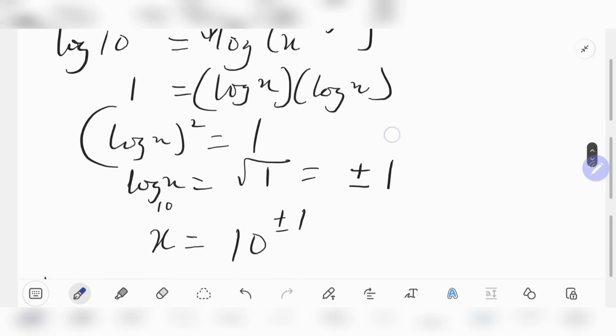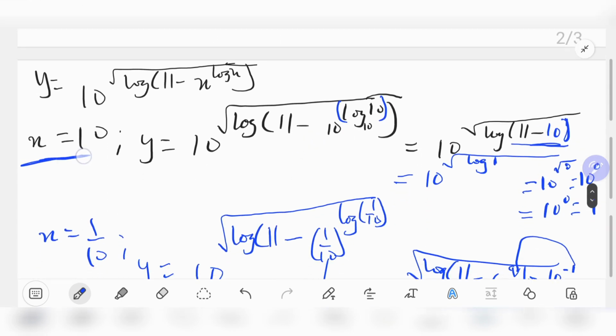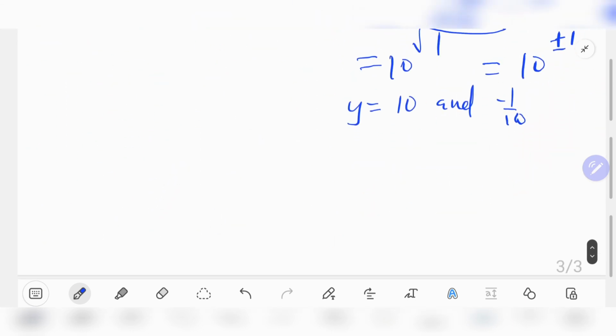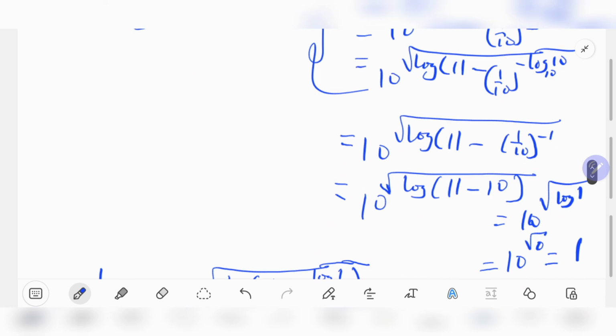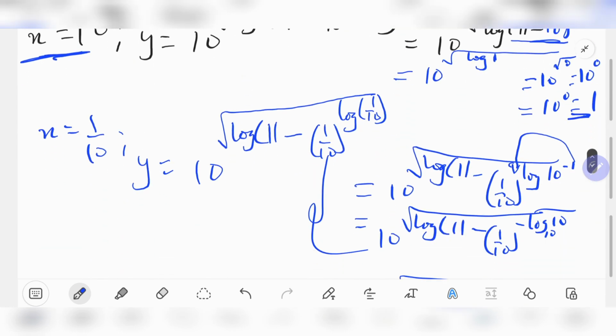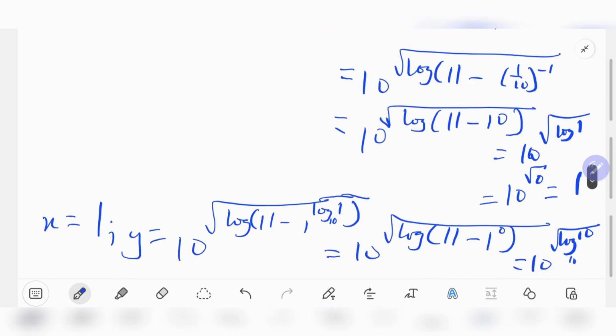When x was equal to 10, that is from here, we had y to be 1. So we can write it as this: x equals 10, y equals 1. Now for our next value of x, that was 1 out of 10, we also had y to be 1.